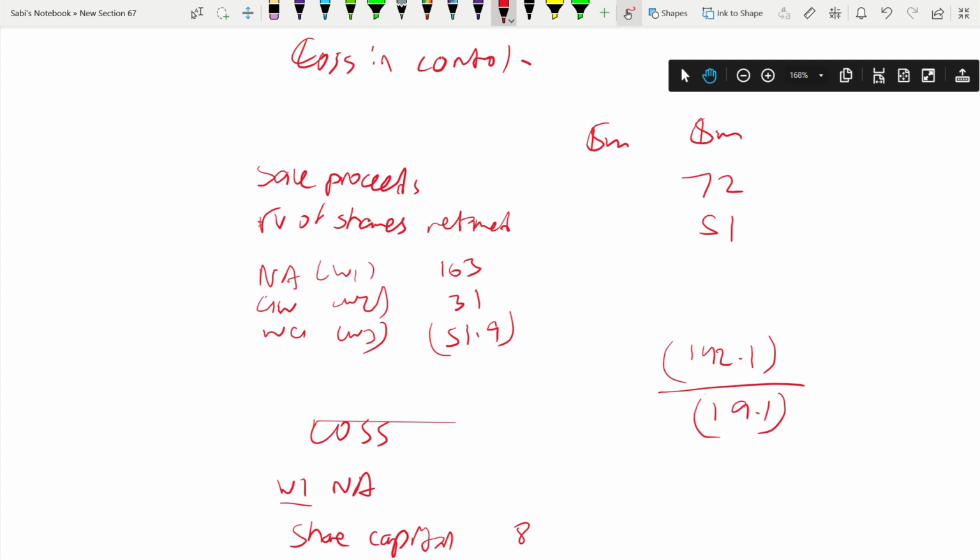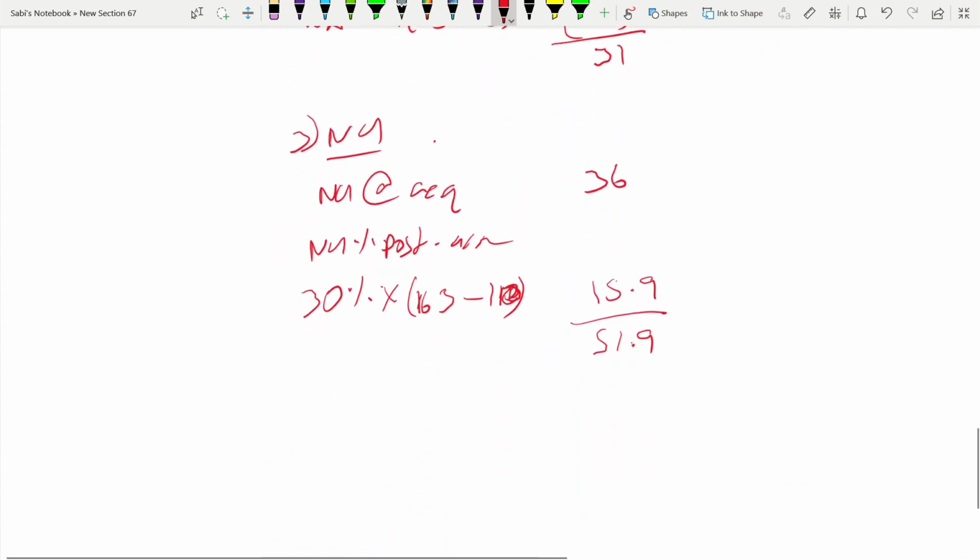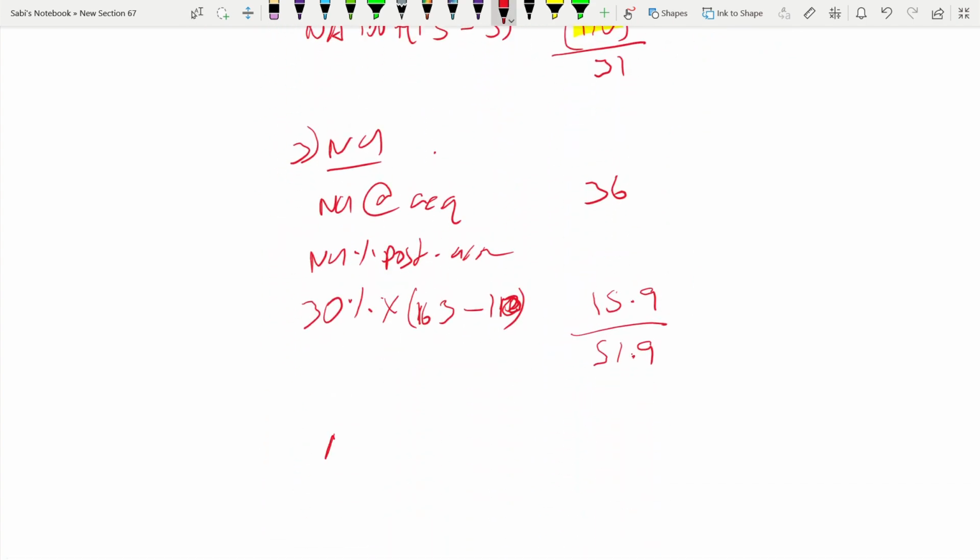You also have to say what happens after sale. It's an associate. So associate, how do you account for it? You have to write that also. After sale it's an associate. Associate, equity method you have to use. Right? So already they have given you the initial amount as 51. This is the amount of the retained interest, 51.